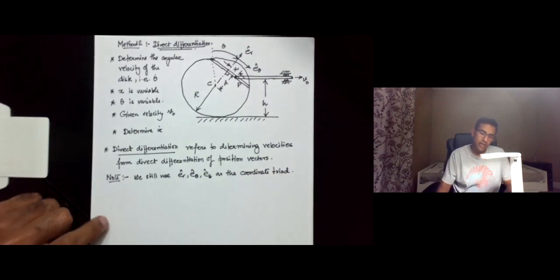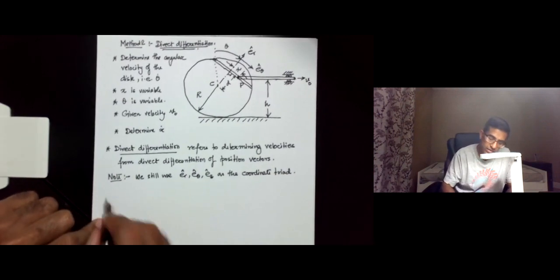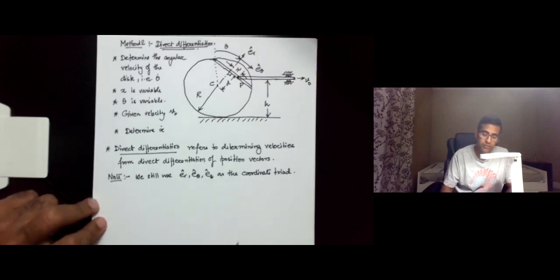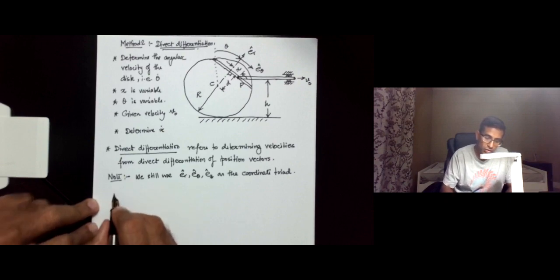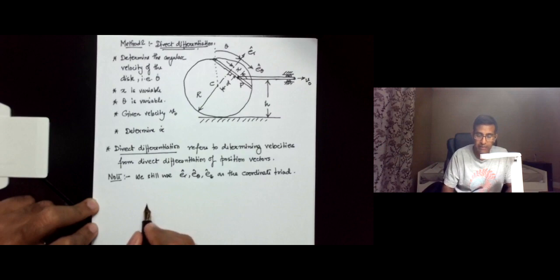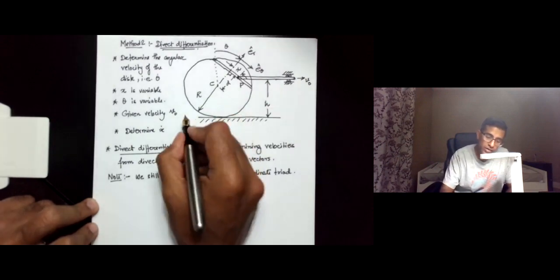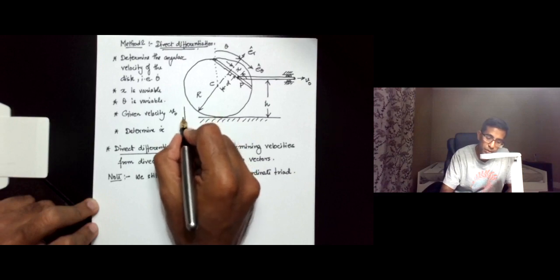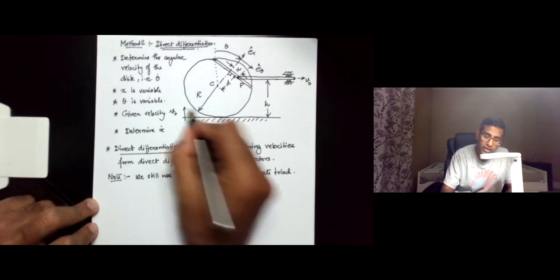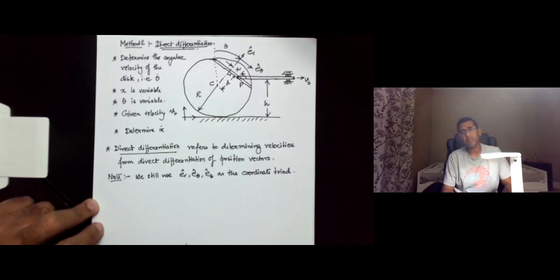All right. So let's look into how we go about the solution. Since the objective of this problem is to use the position vector to find out what the velocity is, so angular velocity and x dot, we will first formulate the position of the point P, because clearly P is a point of interest.